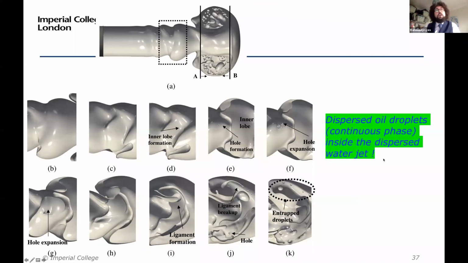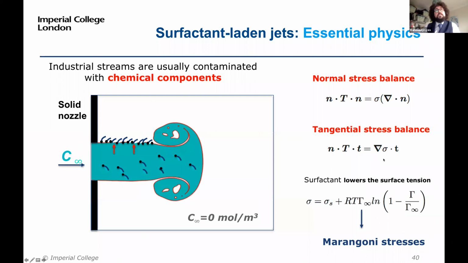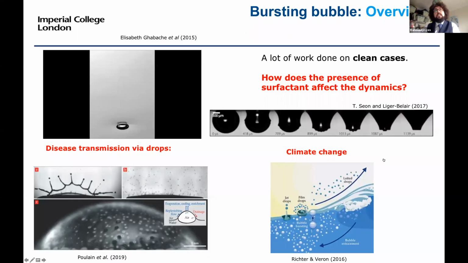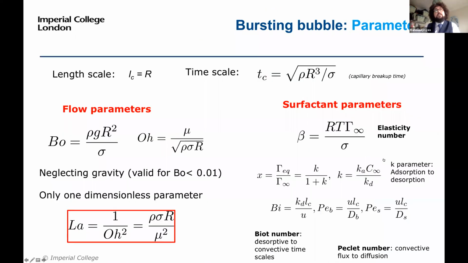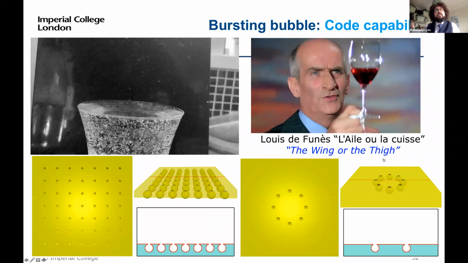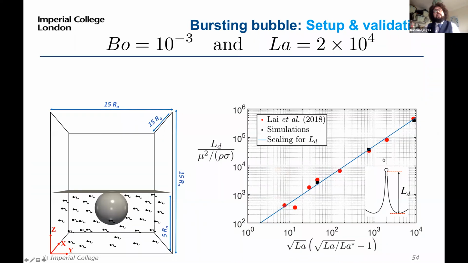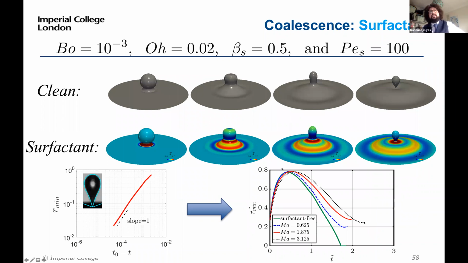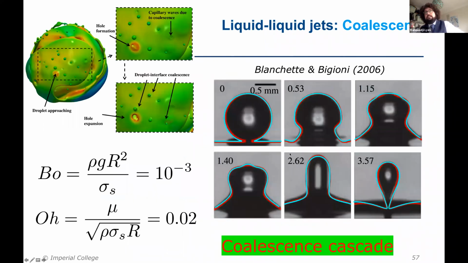For example, this work, not on bursting bubble but on coalescence. This is Blanchette. They did this coalescence with and without surfactant, but with the surfactant they used a numerical code able to do only insoluble surfactant.